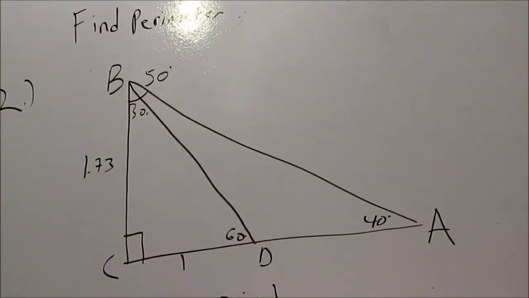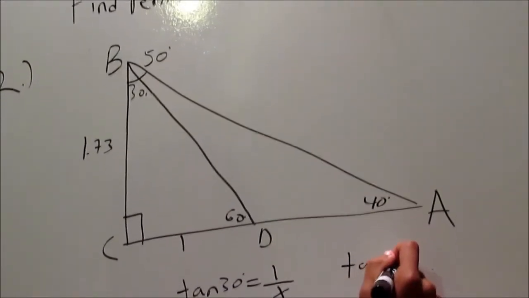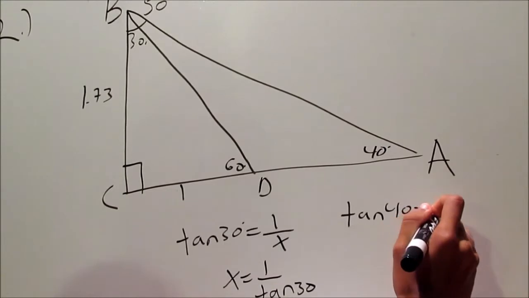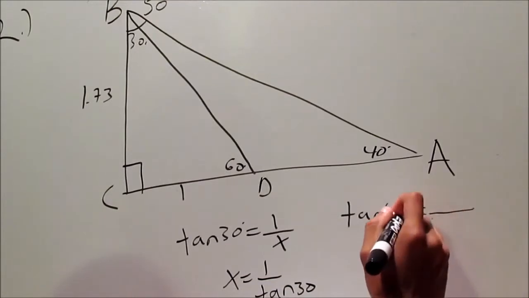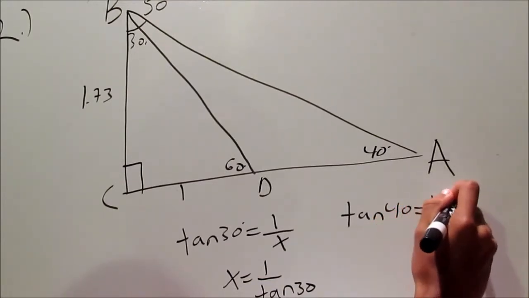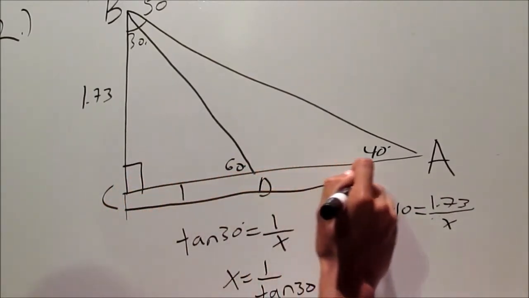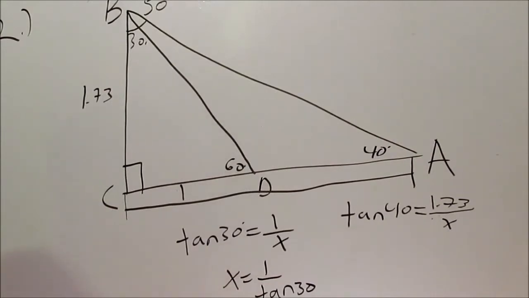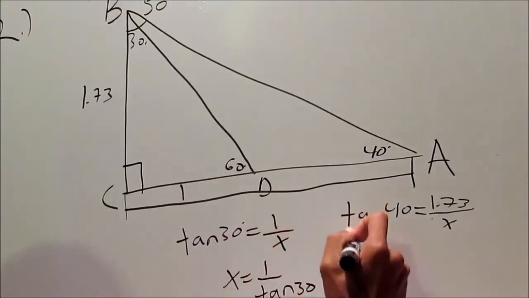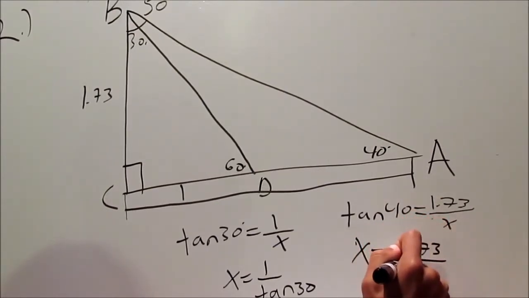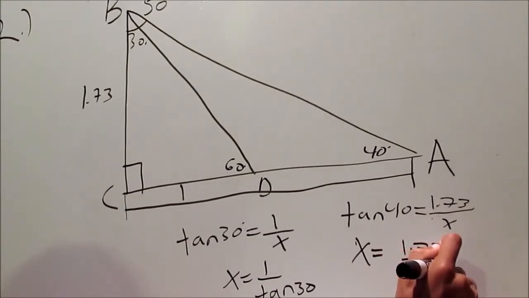And knowing that, we can do tangent of 40 equals opposite over adjacent, which is, in this case, opposite is 1.73 over x, which would be this total length from C to A. So x equals 1.73 divided by tangent of 40.